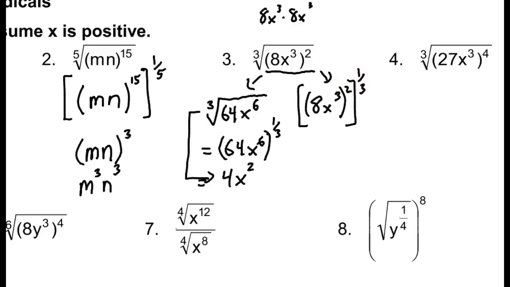So a little trick we can use is noticing that this 3 right here and this 1/3 are very compatible. 3 divided by 3 is 1. And you can take the 3rd root of 8, so why not just switch the order around? Make it like this, to the 1/3. And then, lastly, raise everything to the 2nd power.